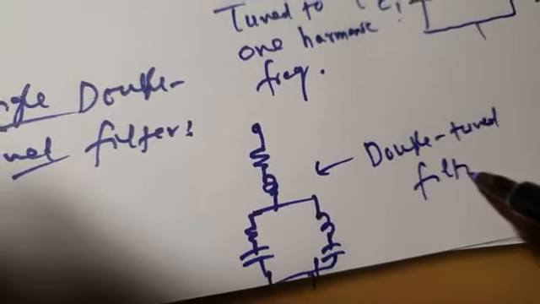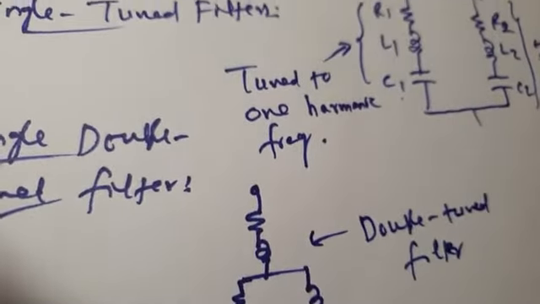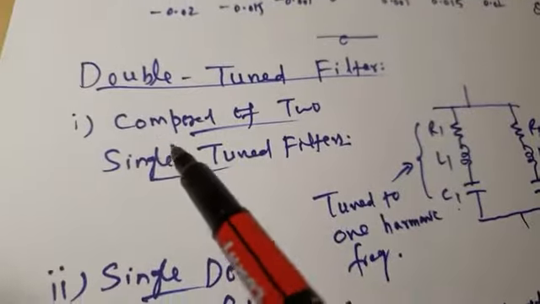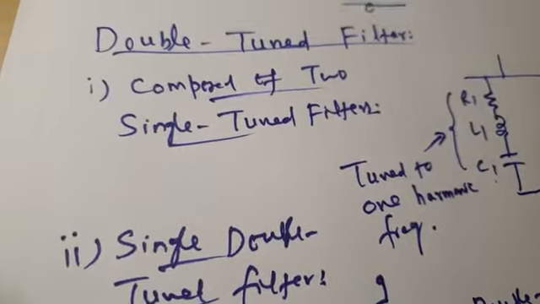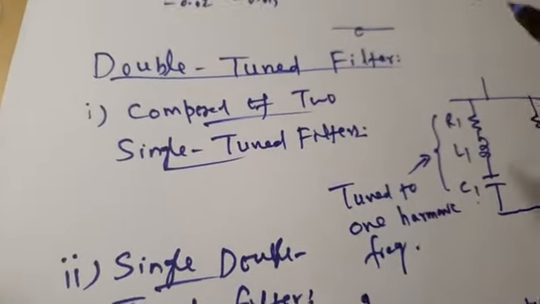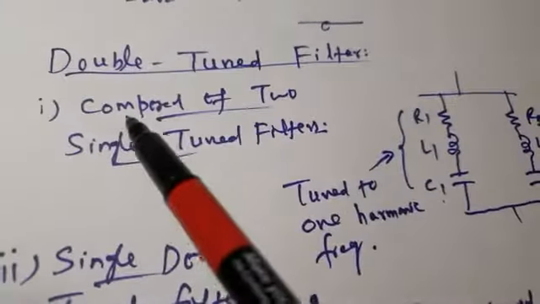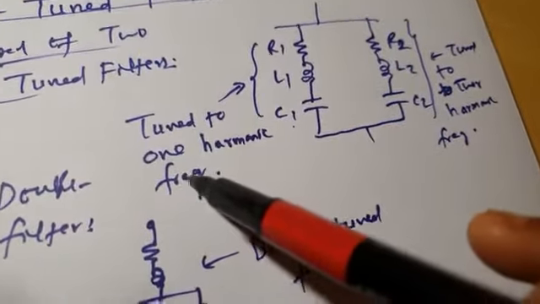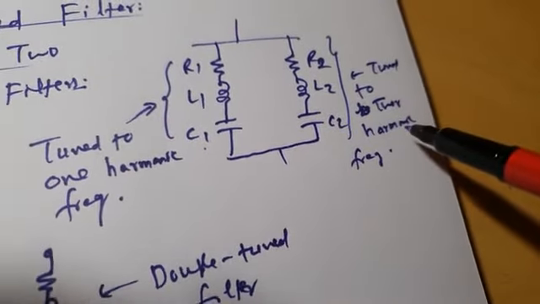So what I mean to say, there are two ways of designing or constructing your double tune filter. One way is that you make your double tune filter by two single tune filters. In that case, it will be composed of two single tune filters. One single tune filter is tuned to one harmonic frequency, and another single tune filter is tuned to the other harmonic frequency.